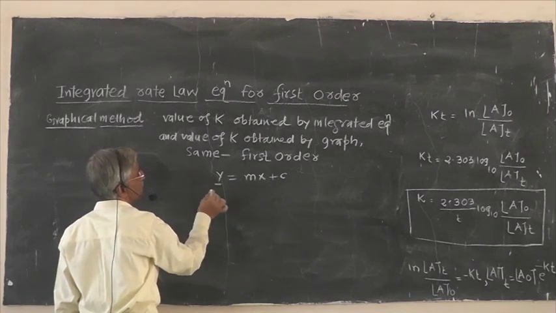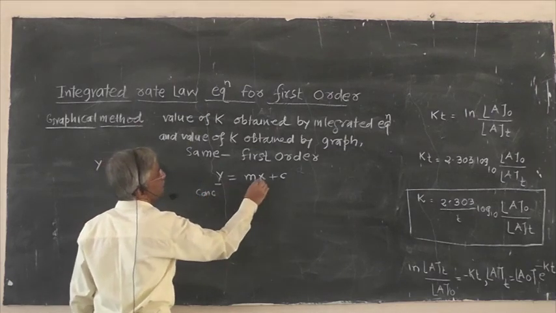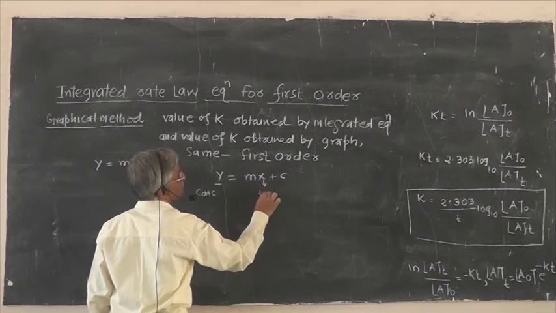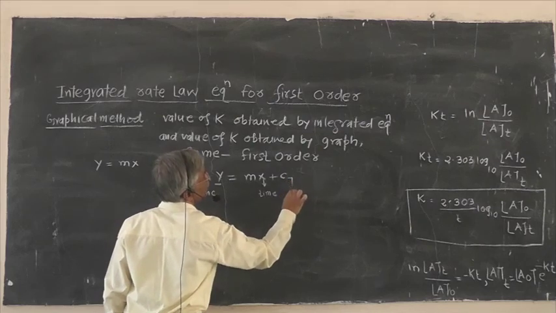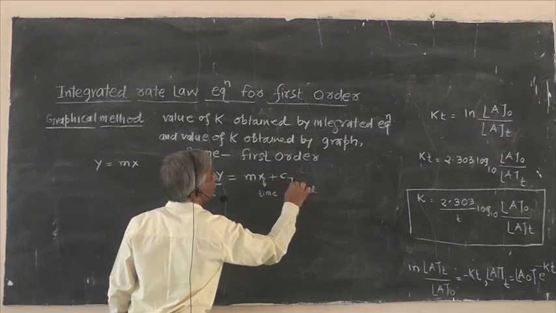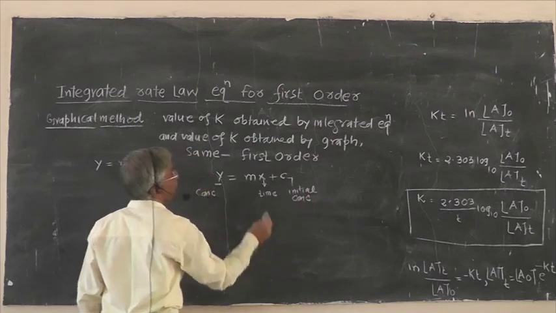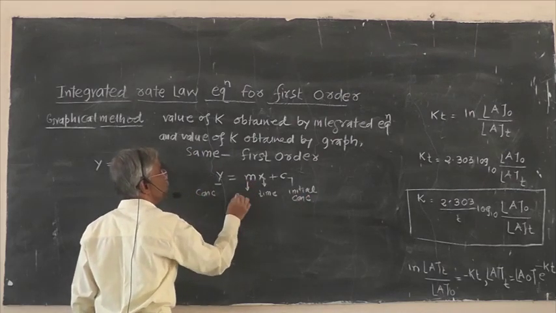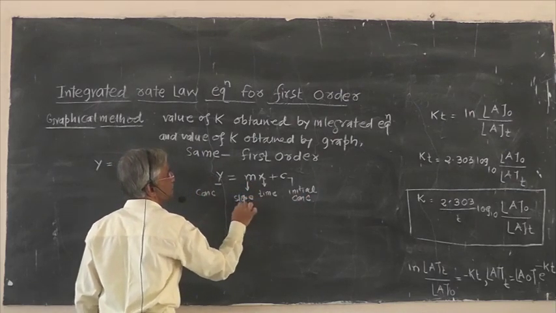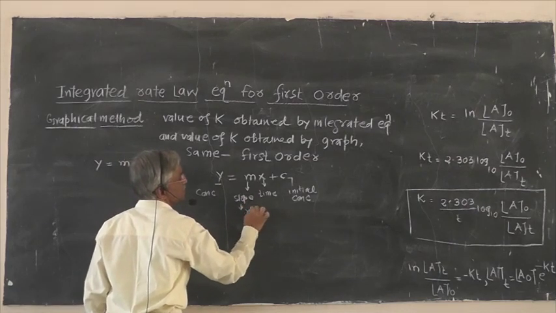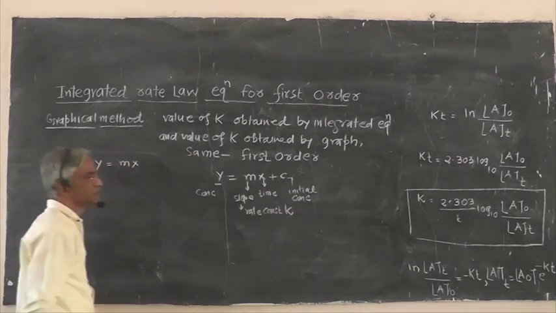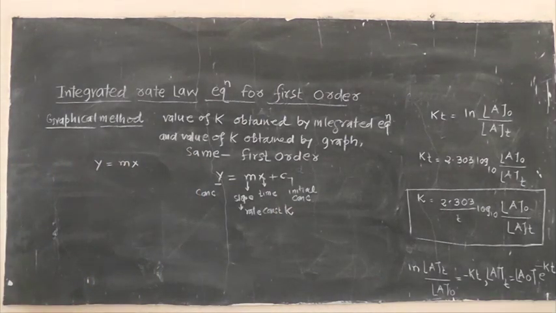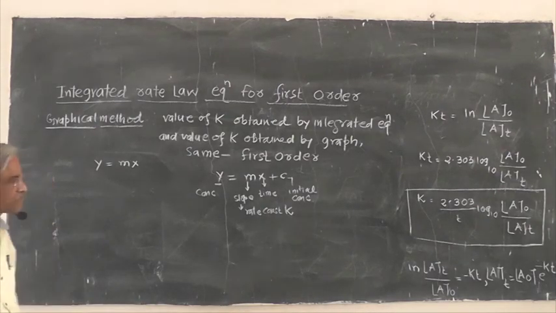Here y will be a function of the concentration, x will be a function of time, c is the intercept, which gives the initial concentration of the reactant, and m gives the slope, which gives the rate constant k, and by the value of k we can determine that the reaction is a first order reaction.